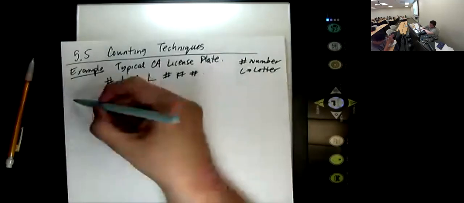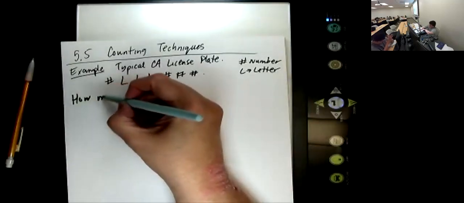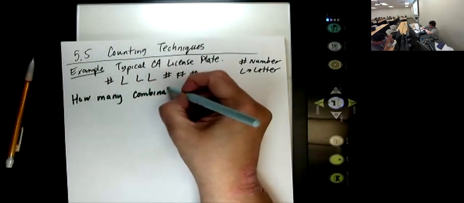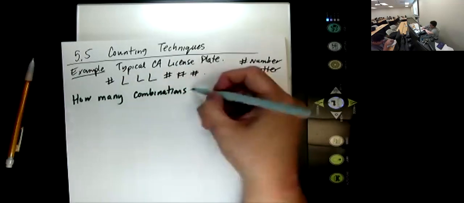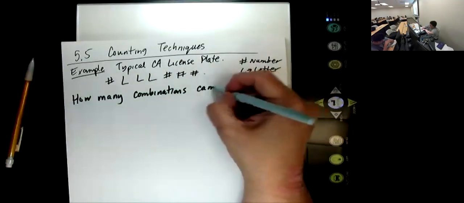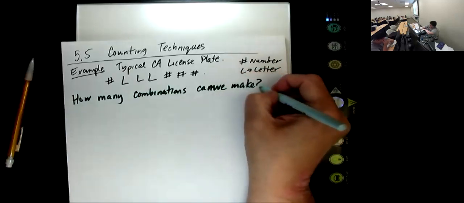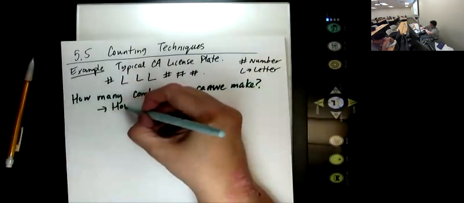How many combinations can we make? Basically, how many different plates?